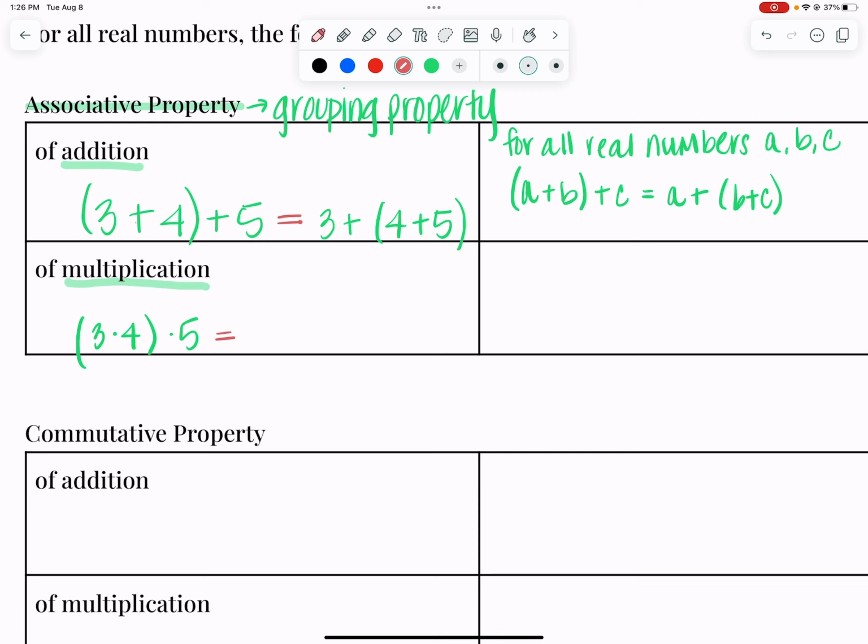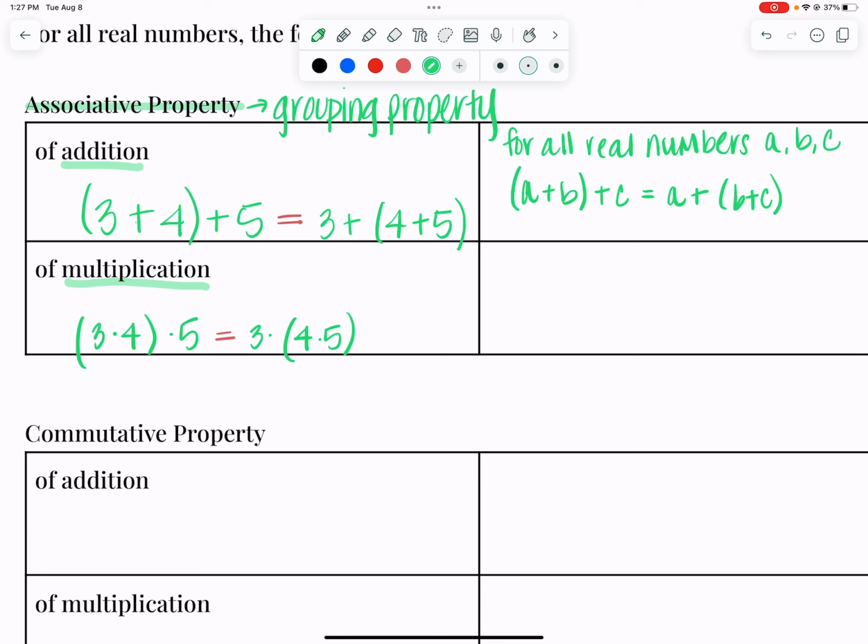Let's say that the 3 and the 4 aren't friends anymore. 4 wants to go be friends with 5. So I can multiply the 4 and the 5 and then the 3, and it all comes out the same. Either one of those situations is going to give me 60. So we regroup.